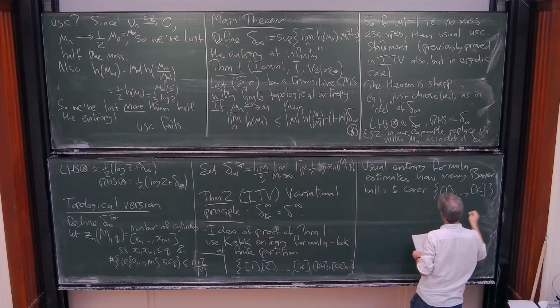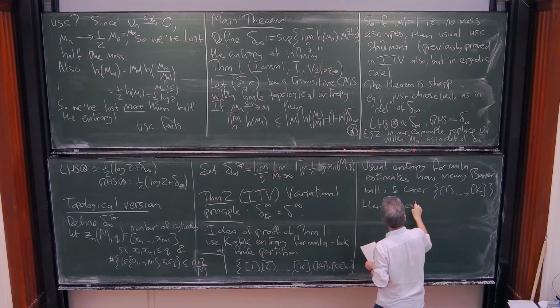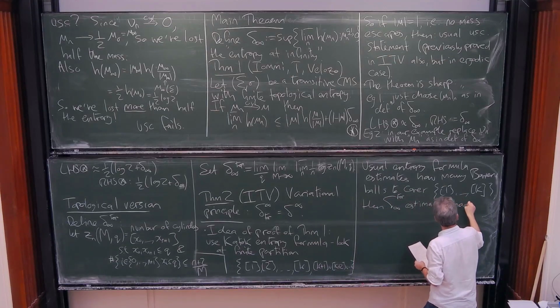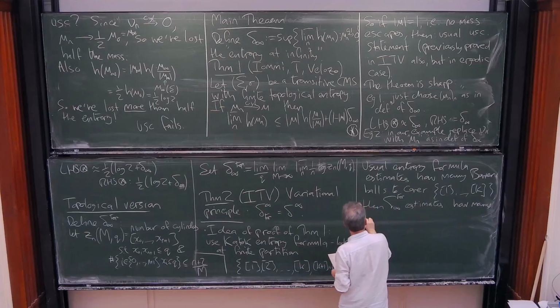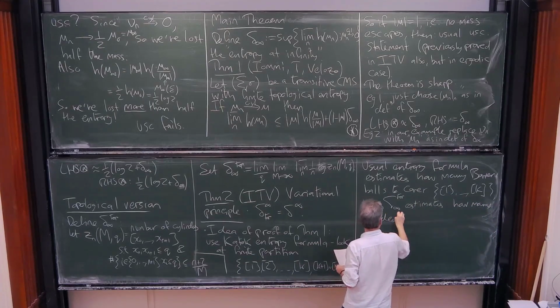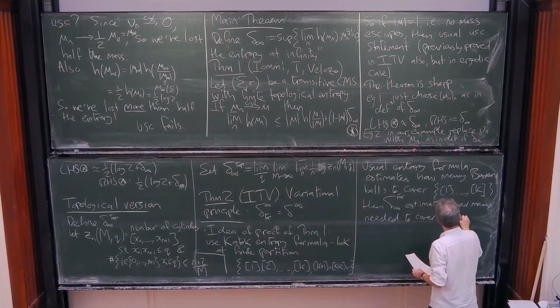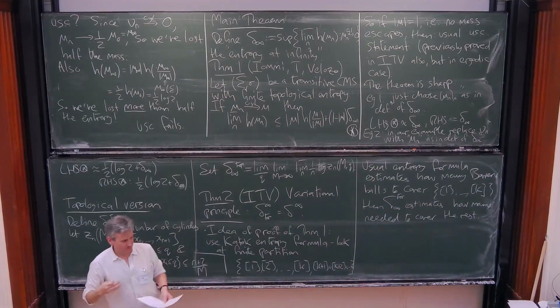And then delta infinity estimates how many you need to cover the non-compact part, to cover the rest. That's a lie, but morally that's basically what's happening.